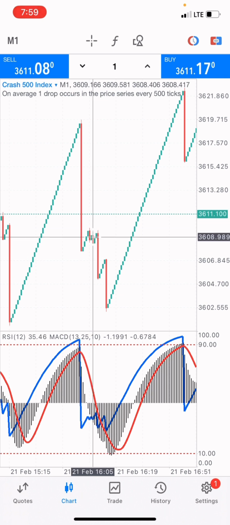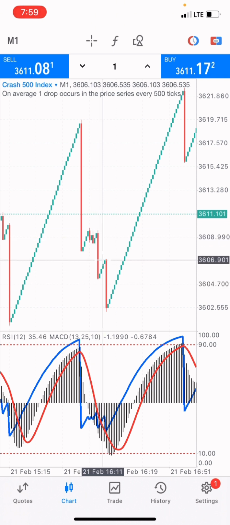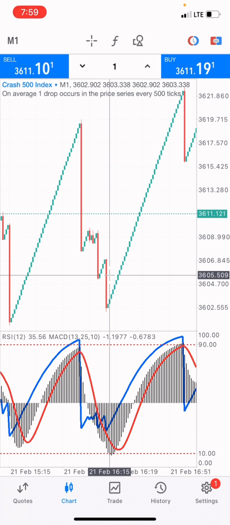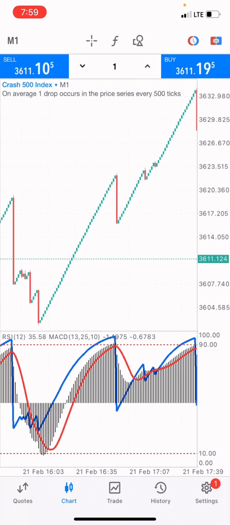Immediately another spike came through again at this point, meaning that when the market crashes, it's likely to crash again. Once the spike appears the first time, it's likely for another spike to come through on that particular market, the crash 500 index market, just as you are seeing here.